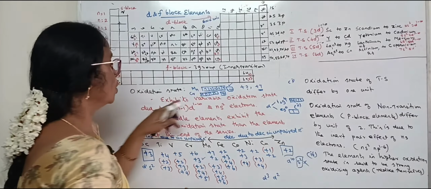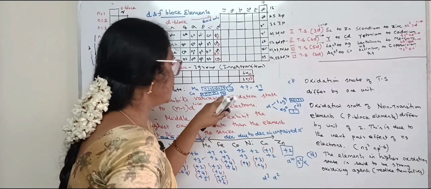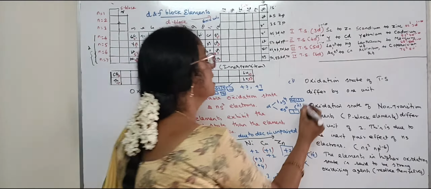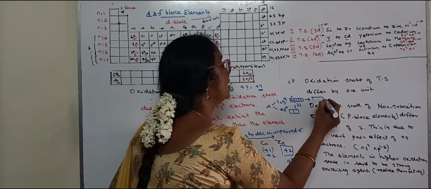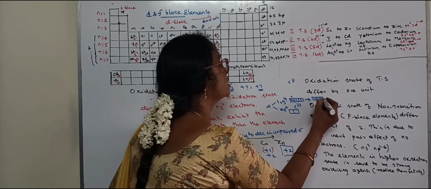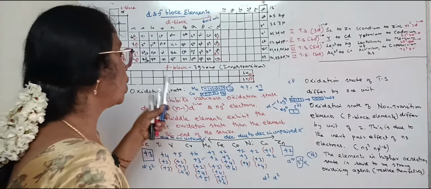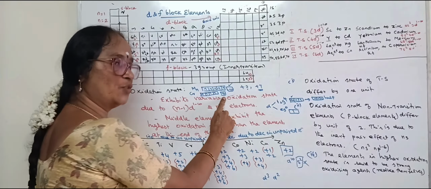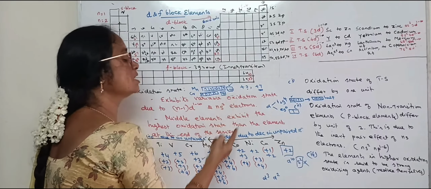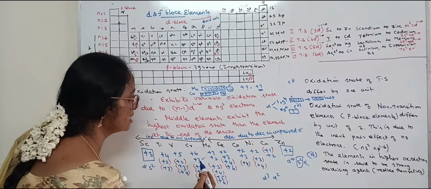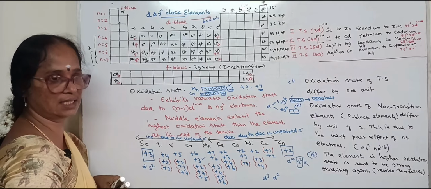If chromium loses the 4s electrons as well as one of the t2g electrons, it changes into t2g3, which becomes a half-filled orbital. Therefore chromium, along with losing the 4s electrons, loses one more electron from the d orbital and hence achieves its +3 oxidation state.